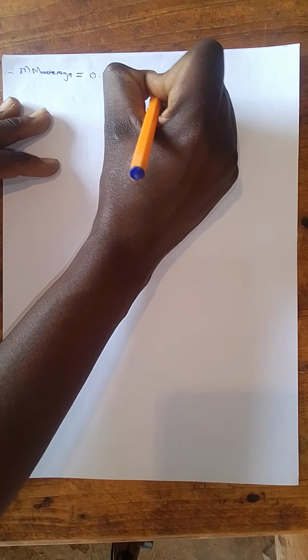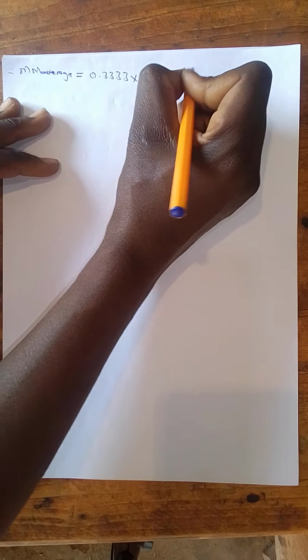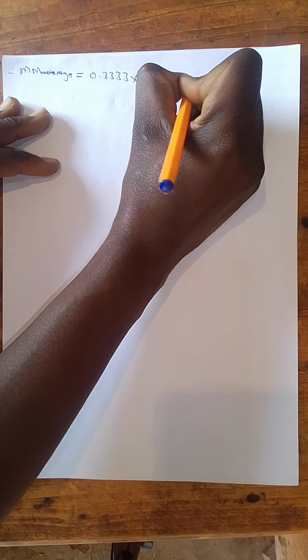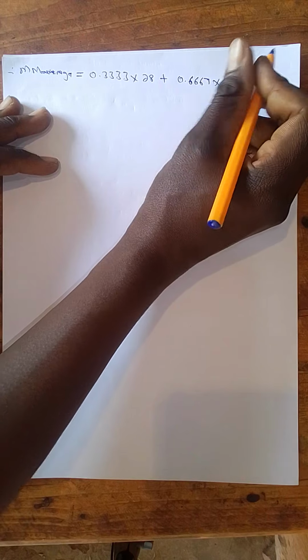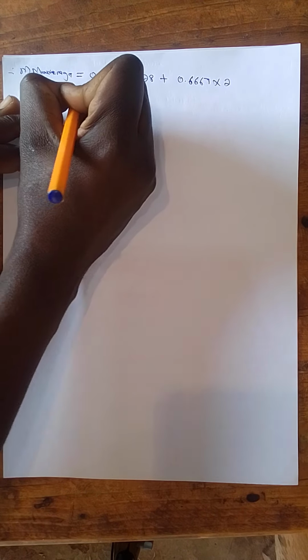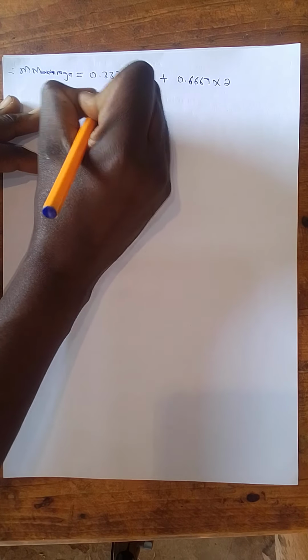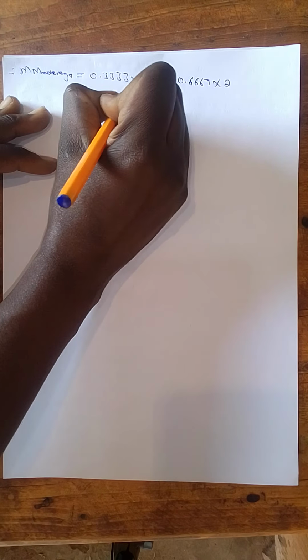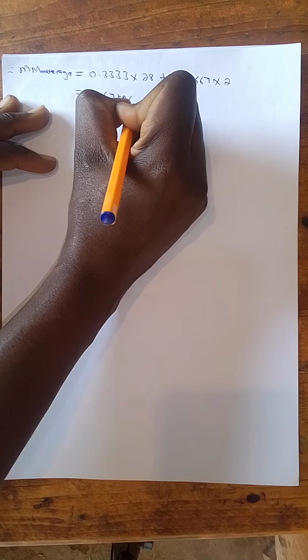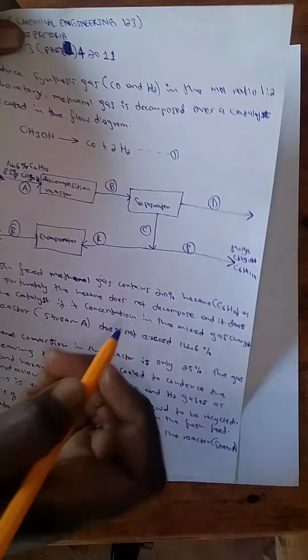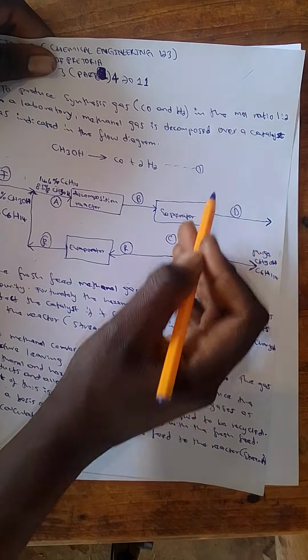Plus the mole fraction of H2, 0.6667, multiplied by the molar mass of H2, which is 2. If you use your calculator, it gives you 10.67 kilograms per kilomole. So this is the molar mass of the mixed gas stream.